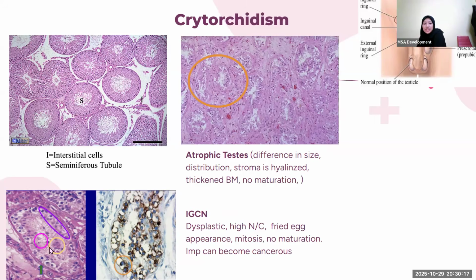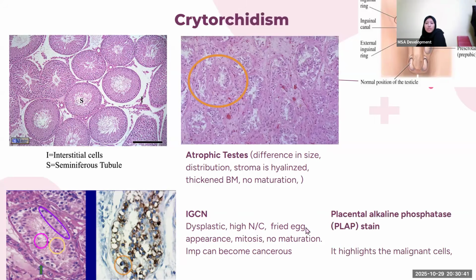They look very dysplastic with fried egg appearance, having a lot of mitosis, no maturation. Everything looks the same. It's important because it can be cancerous. This is the first step towards cancer. It's confined, so it's only within the tubule, but it can lead on to cancer later.